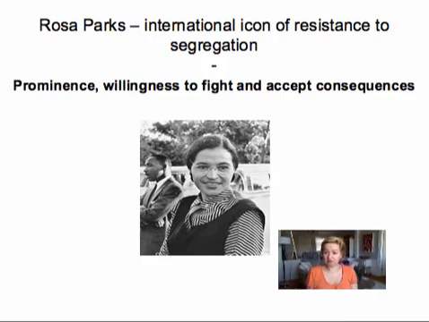In 1955 in Montgomery, Alabama, she refused to obey the bus driver's order to give up her seat in the colored section to a white passenger, which was the law.